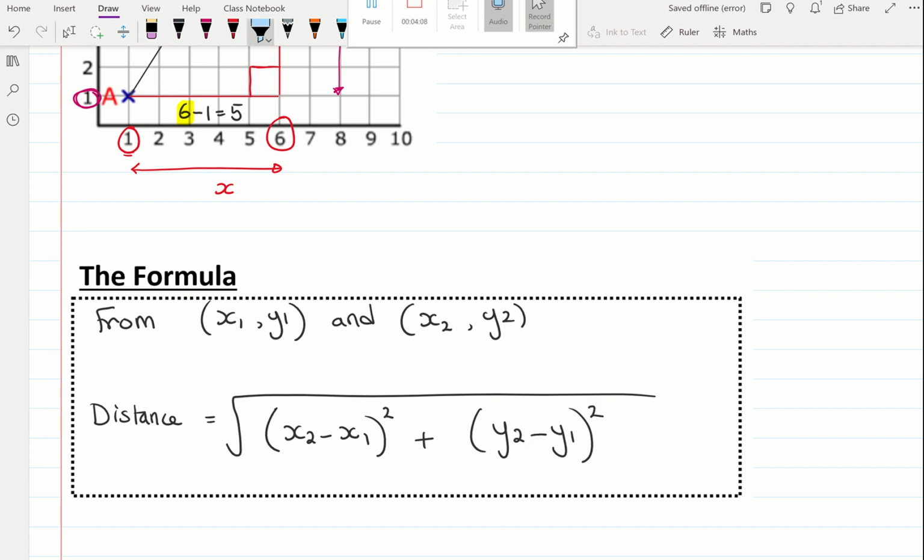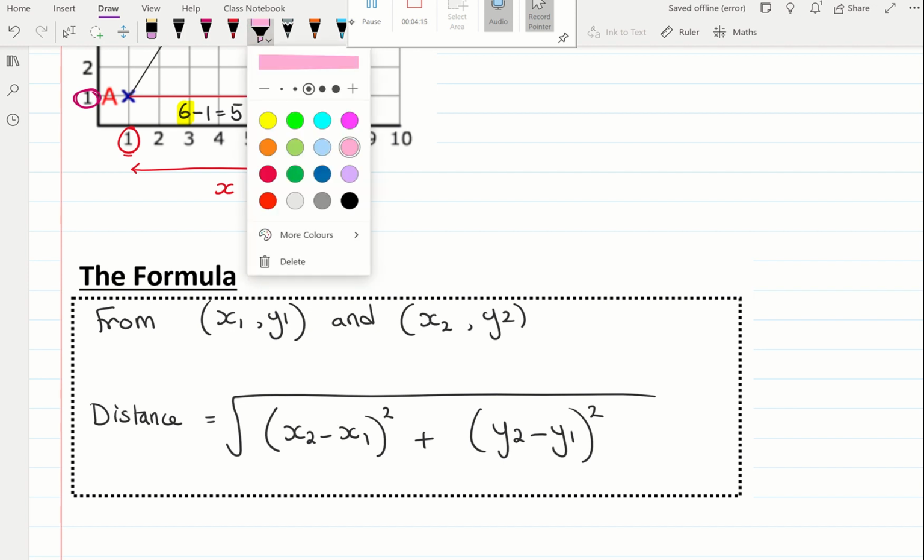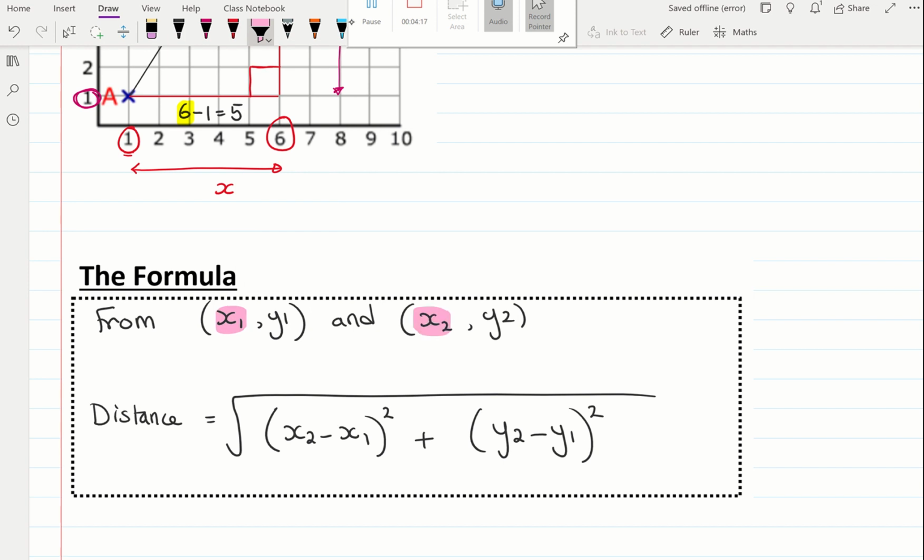Now make sure that you are subtracting the x from the x, so x from x, not x from y. And then you're also subtracting y from y.